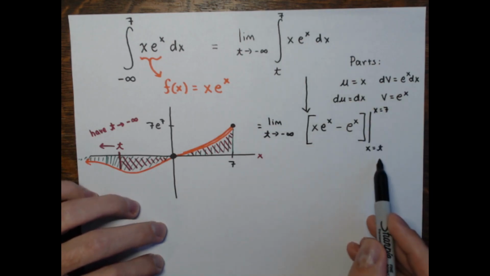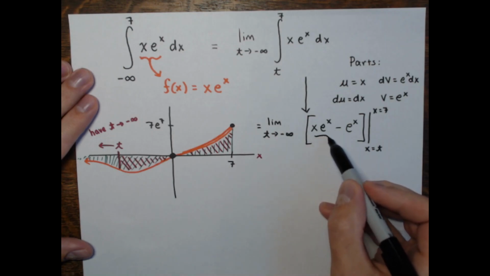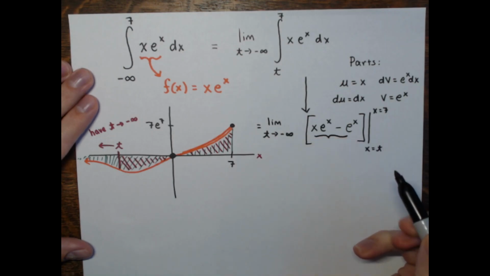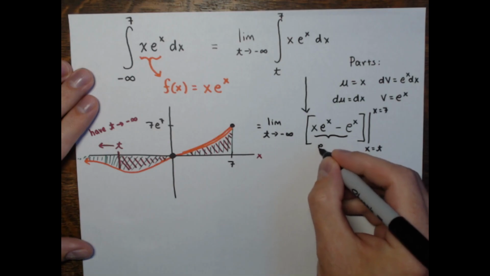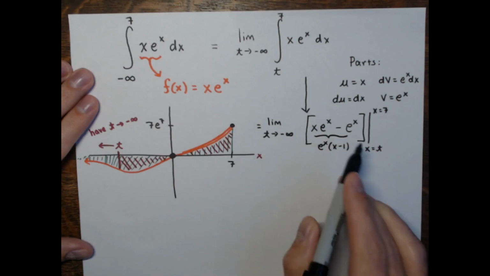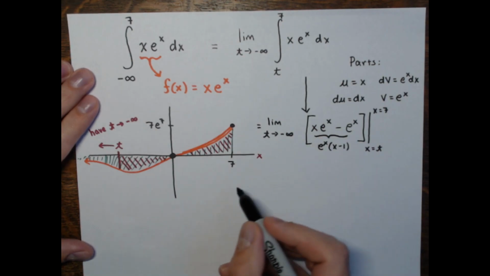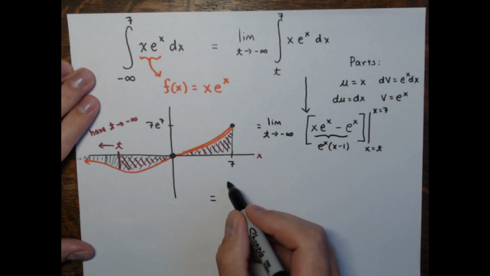So I'll plug in 7, plug in t, and you know what, just to make the limit later a little easier, I'm going to factor out e to the x from this. You'll see why I'm doing that in a second. This is the same as e to the x times x minus 1. All right, so I'm bringing this down here.